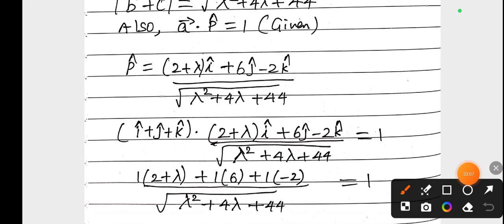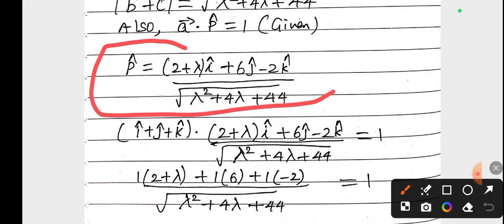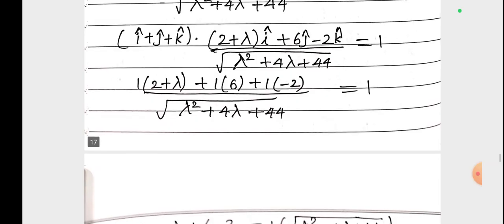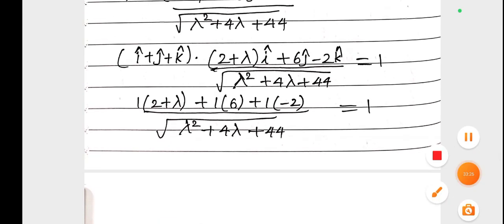Check which question, that also I am saying, it will be easy for you. A vector dot P cap equals 1. P cap we have already written as 2 plus lambda i cap plus 6j minus 2k by root over lambda square plus 4 lambda plus 44. Then you equate this with 1.